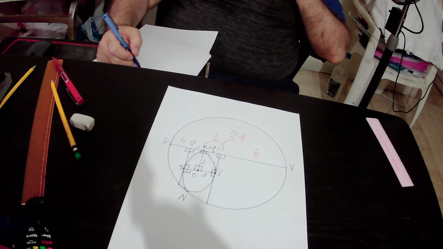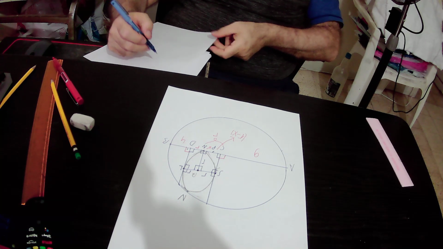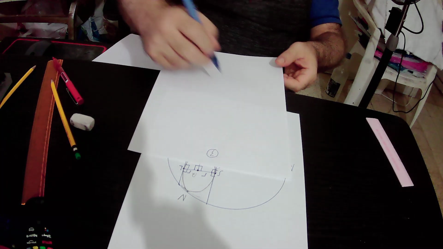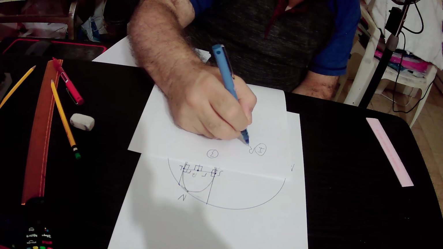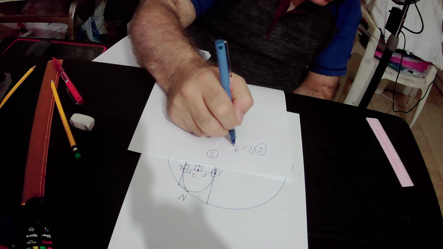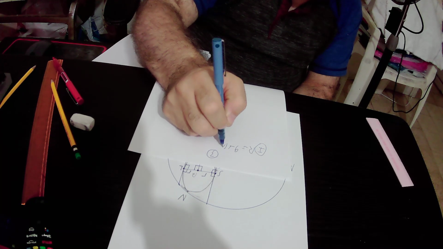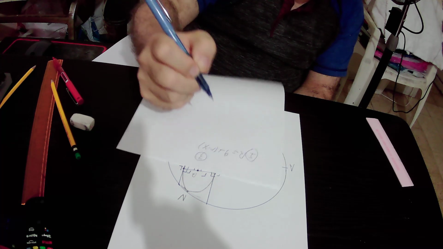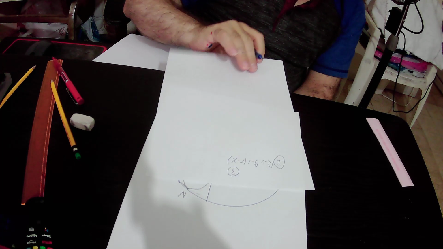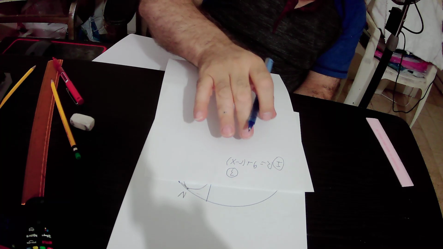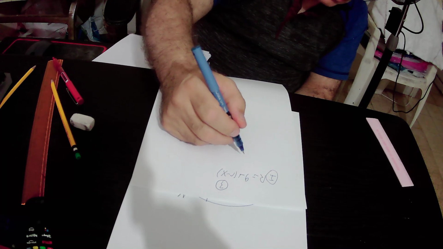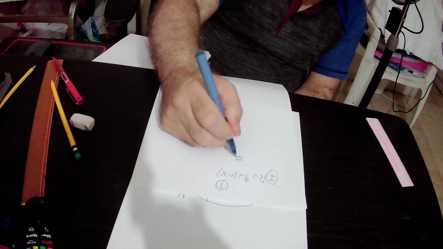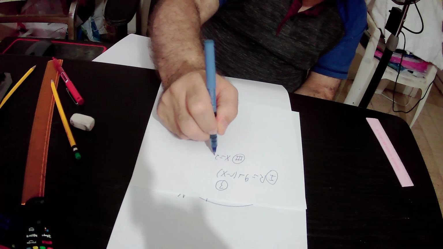So we have equation number 1 that states, according to equation number 1, capital R equals 9 plus r minus x. That is actually equation number 1, the calculation of the radius of the big circle. But we have already found out, according to equation number 3, that x equals 2.5 units.